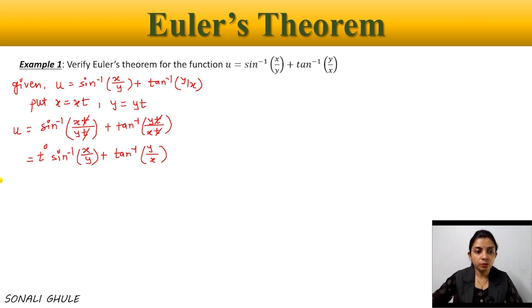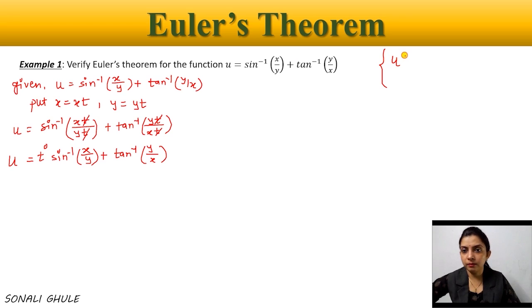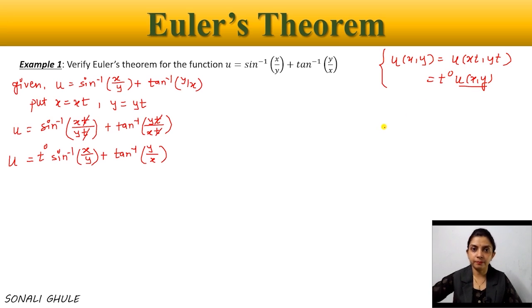Okay. So what I got here, when I replaced x by xt and y by yt in u of x y, is t raised to 0, and my original function back, means what is the degree here, 0, right?